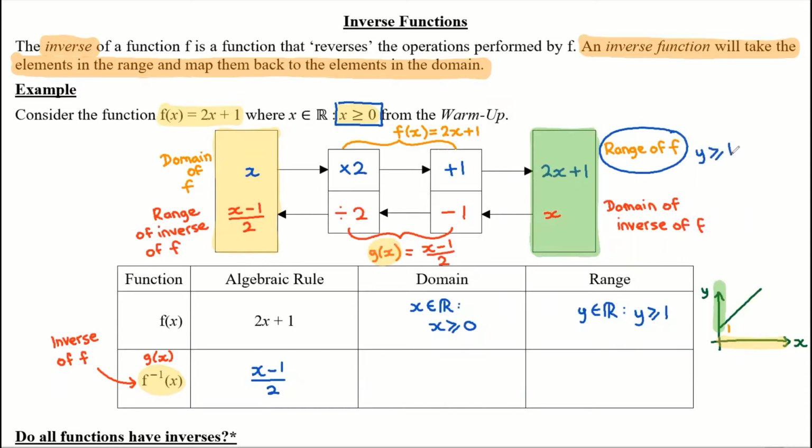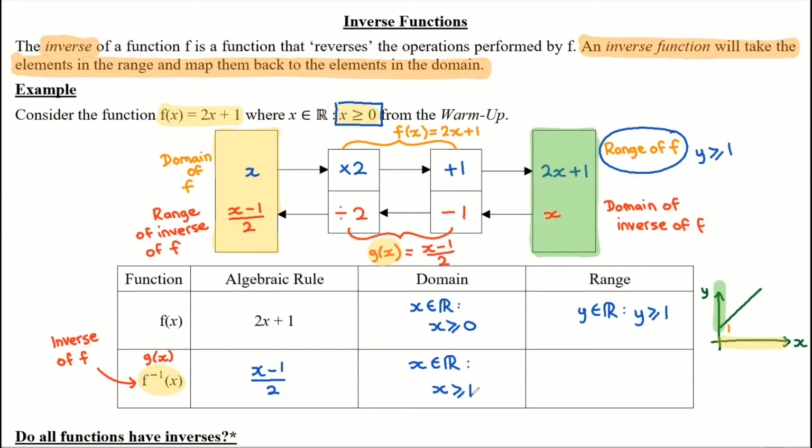So that means that that's the only choice I've got. I've got to choose values from this pool where the values are all greater than or equal to 1. So this is now what my domain is for my inverse function. Okay, so I can only choose values that are greater than or equal to 1. All right, because the domain and range have switched.